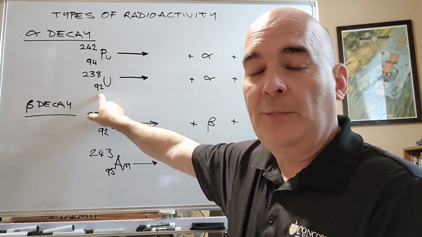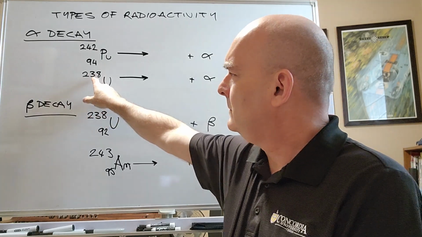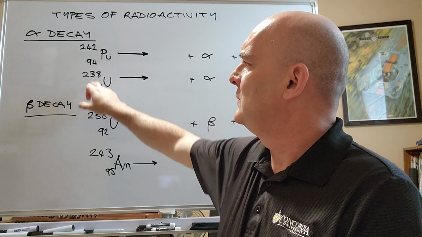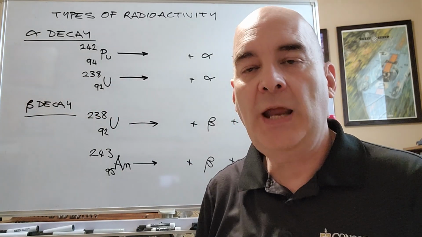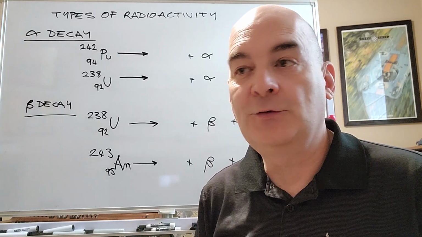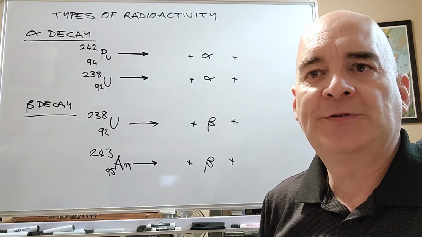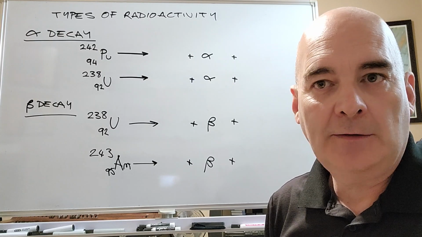Protons, you'll remember, are the positively charged particles in the nucleus. And the mass number, the larger of the two numbers for any particular atom, is the sum of the protons and neutrons.